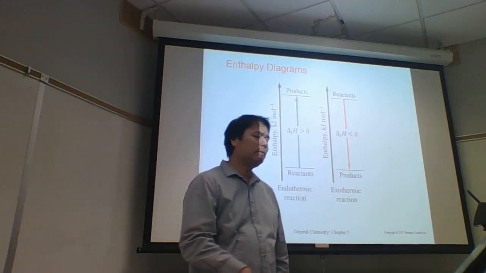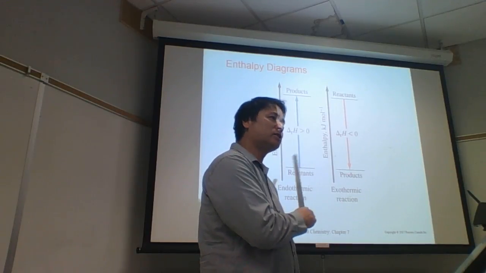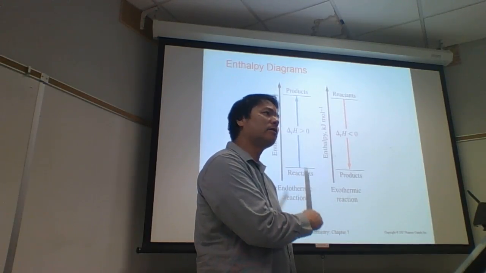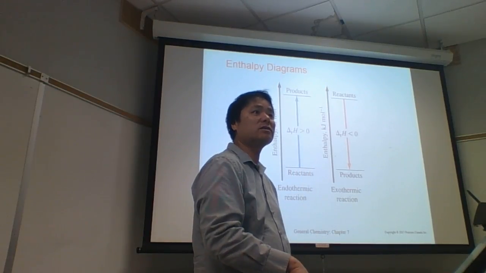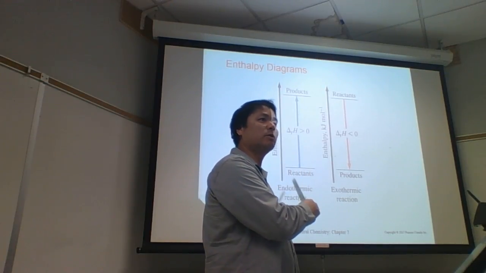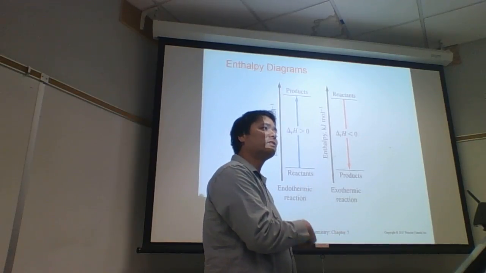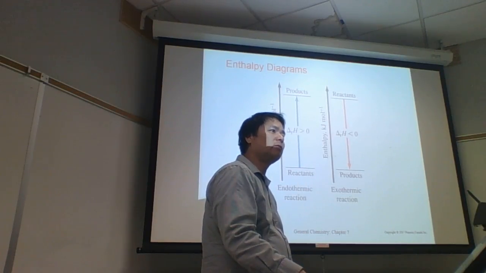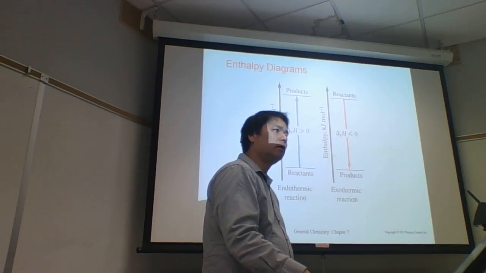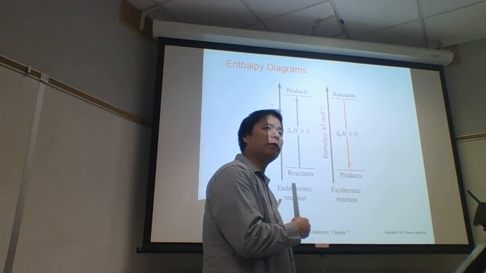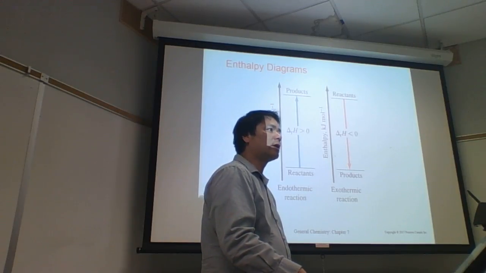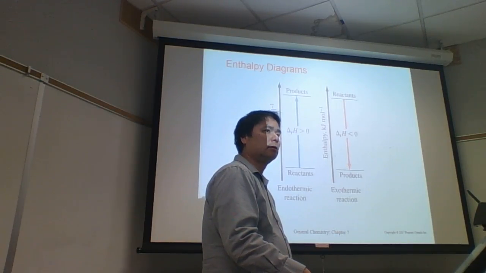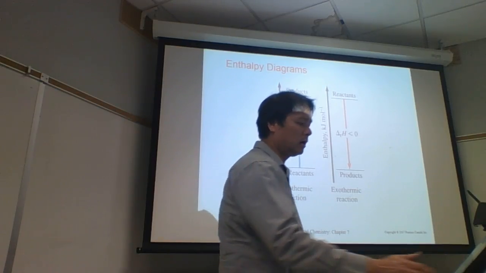And so it would be better to use H diagrams and delta H rather than U diagrams and delta U, because most reactions are constant pressure, so this will be for most reactions. However, once in a while you'll do a reaction in a bomb. If you do a reaction in a bomb, is this going to be the right amount of energy? No, and then we have to make a correction. Does that make sense?